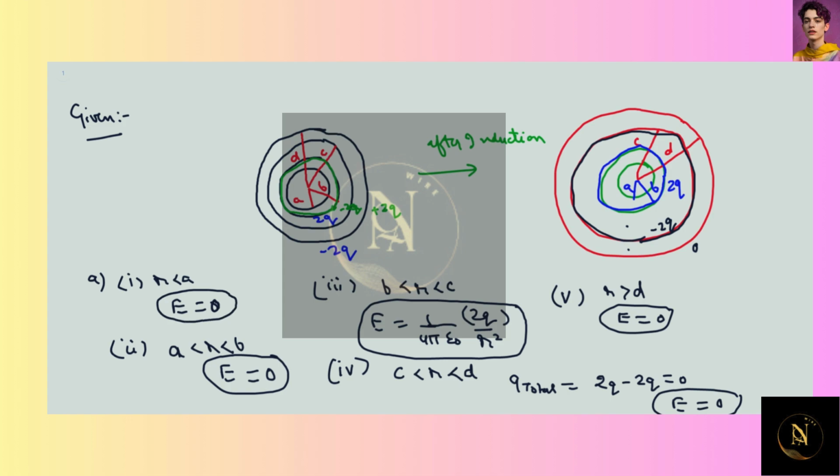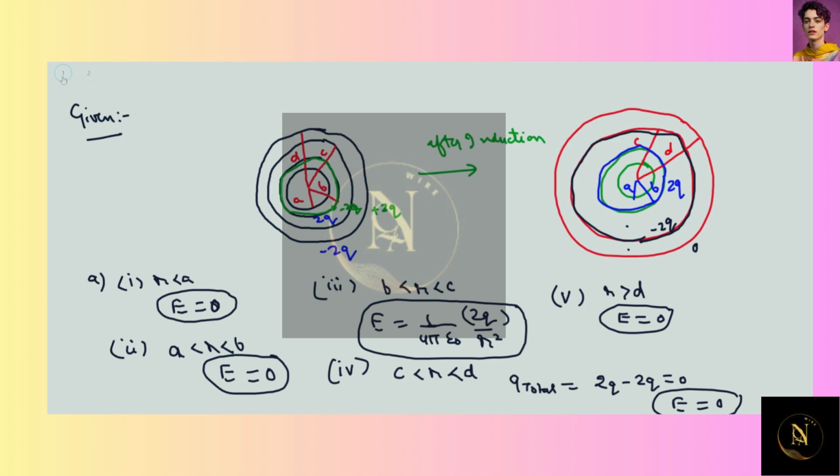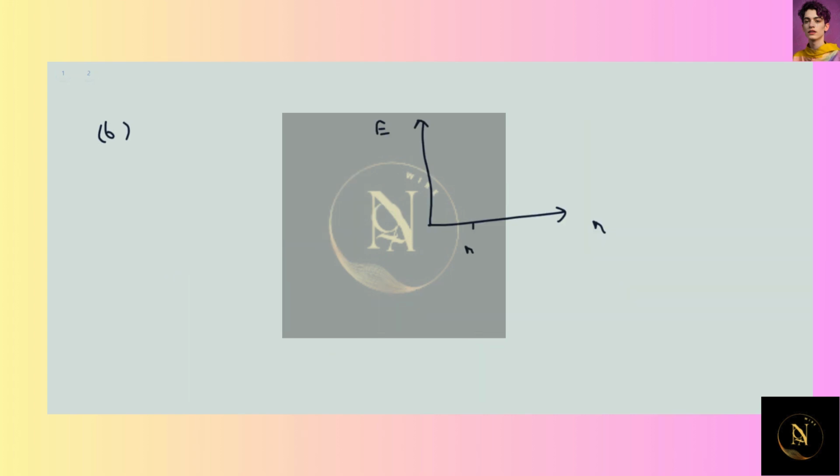Now let's go to part b. Oh yeah, we have one more part. We need to plot the electric field versus r. So electric field is this one, and this is our r. We don't have any electric field till r equals b.